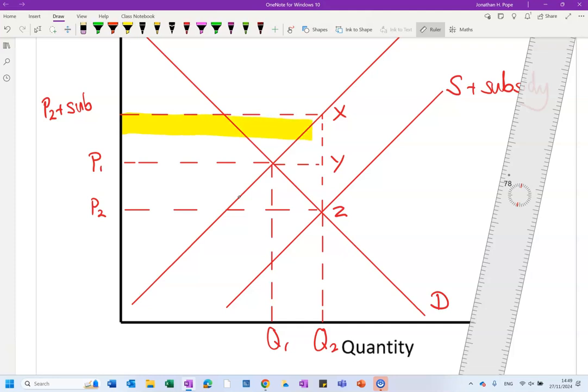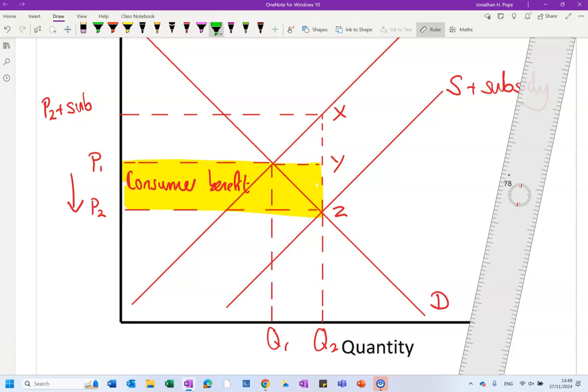And we can show that compared to what we did before, we've got benefits which are slightly different. So this whole yellow area here is going to be the producer benefit. That's the amount that they benefit from having this. So we can call that our consumer benefit. Now they benefit because their price has fallen.